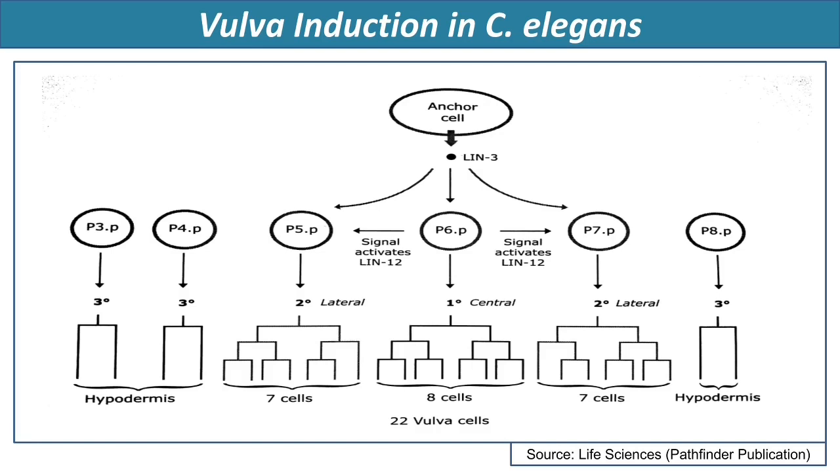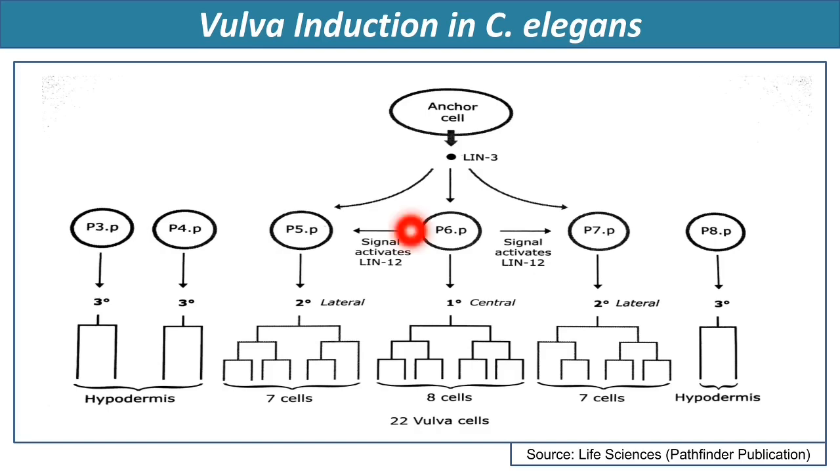Now look at this diagram. Here another protein is mentioned, that is lin-12. In addition to forming the central vulva cells, this P6.p cell also signals laterally to the 2 adjacent cells, that is P5.p and P7.p, and instructs them to generate secondary or lateral vulva cells.